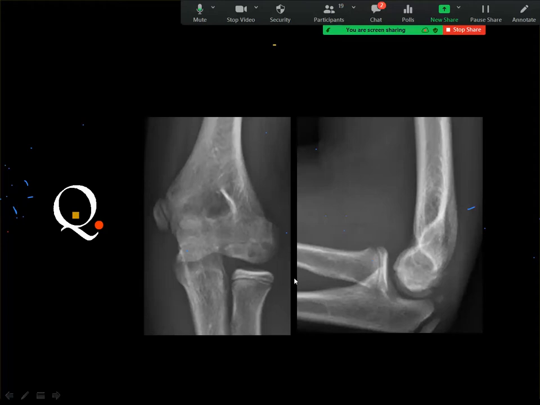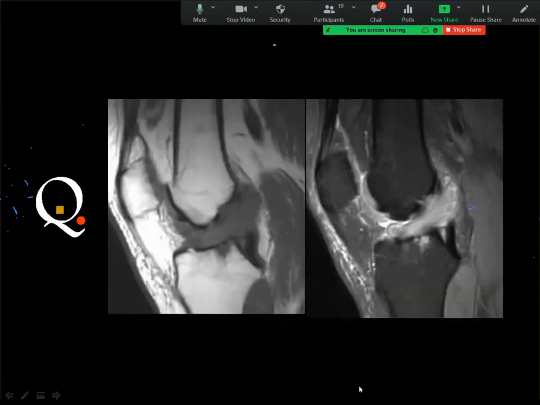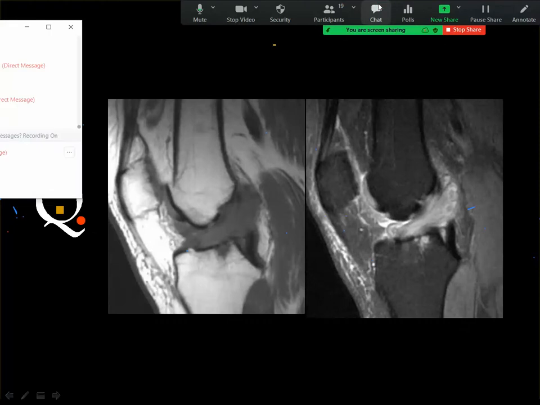You got some radiolucency and bone sclerosis, and this is diagnostic of capitulum osteonecrosis. Osteonecrosis of the capitulum is a self-limiting disease, and it can heal completely without any damage to the joint. Then next case.